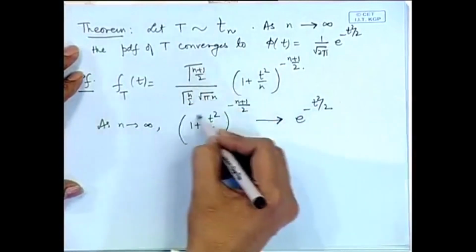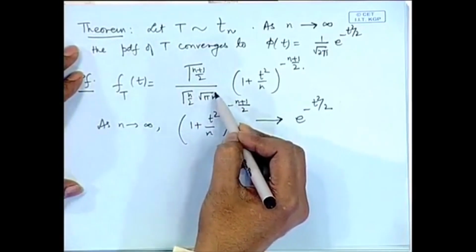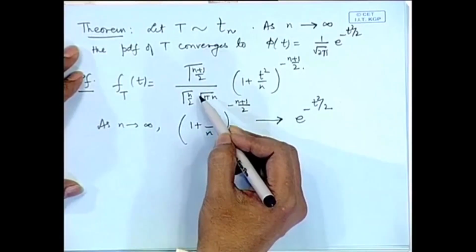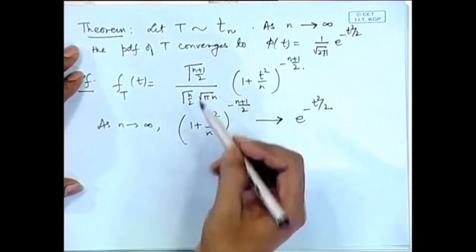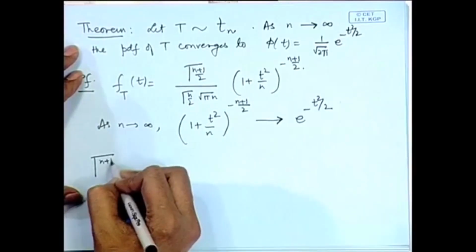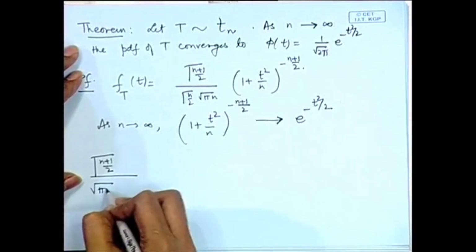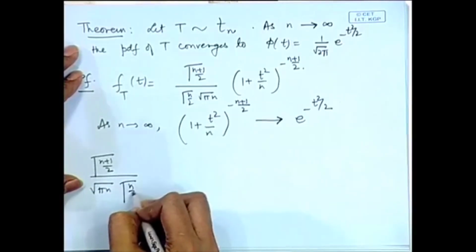So, let us look at the remaining terms. We must actually prove that this remaining term converges to 1 by root 2 pi. If we look at this term, Gamma((n+1)/2) over root(pi n) Gamma(n/2).